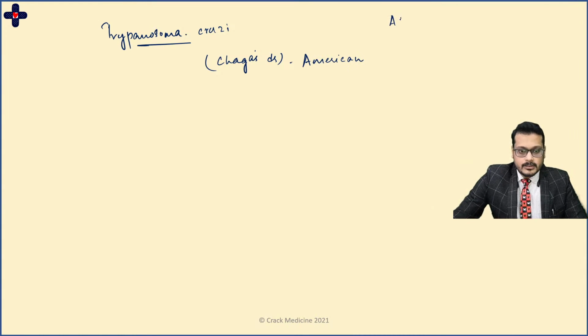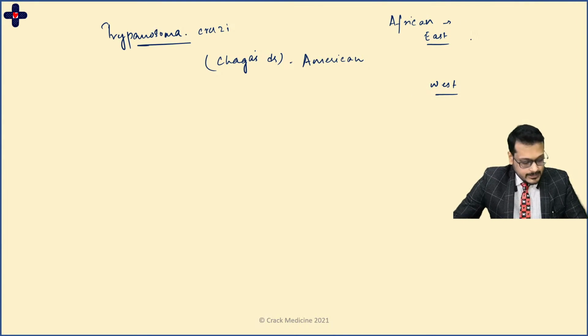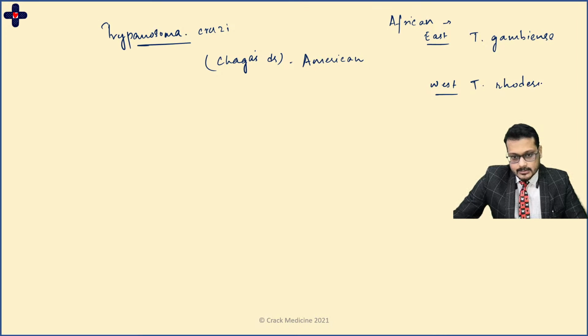On the other aspect, if you go to the African continent, you can have two types of trypanosoma, east and west. On the eastern side you will get Trypanosoma gambiense, and on the western side you will get Trypanosoma rhodesiense. These actually cause something called sleeping sickness.